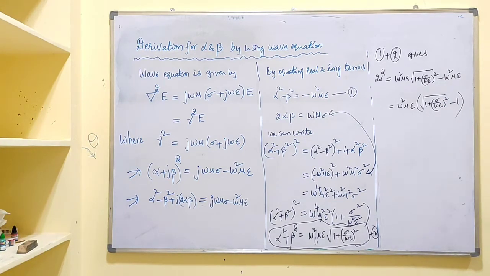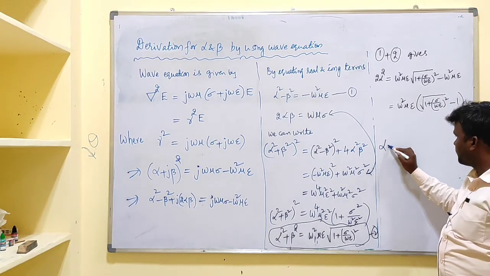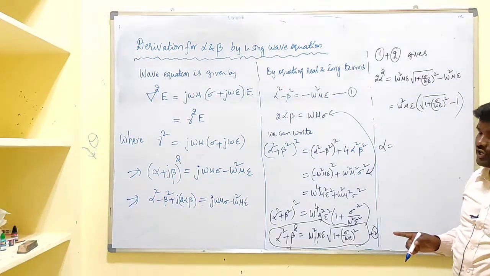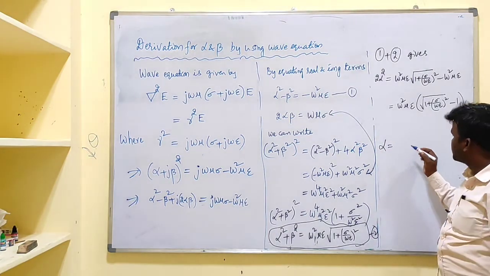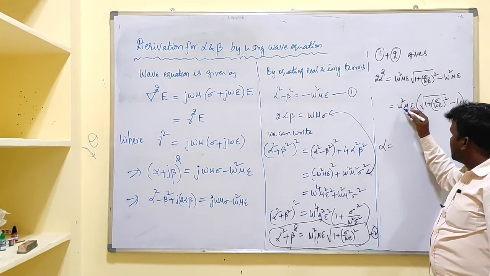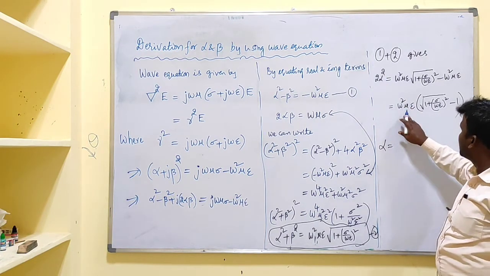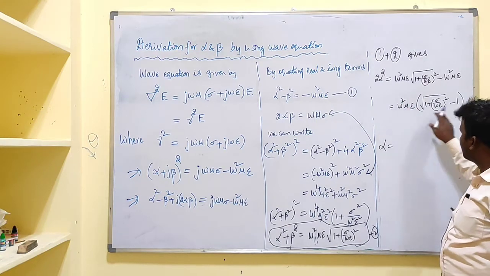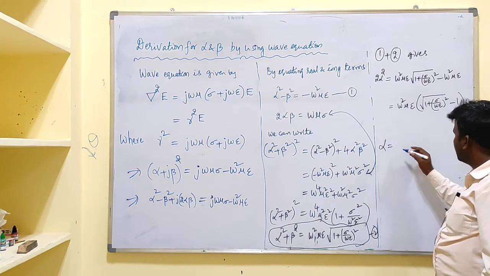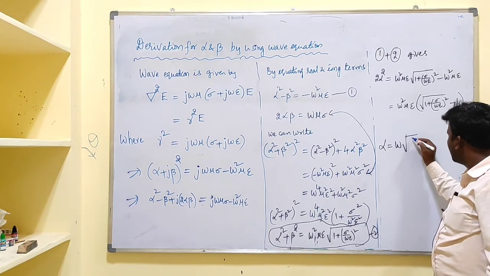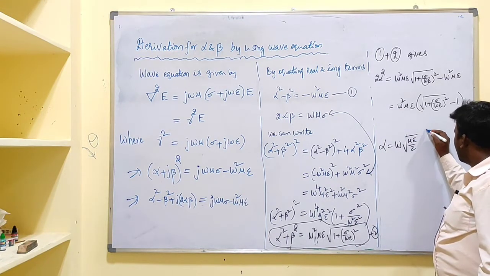Next we will go for alpha. From this I can write alpha. Of course it is plus or minus, but it is always positive, because alpha is the attenuation constant, which is positive only. So we take the root of this one, that is 1 by 2. Alpha square is 1 by 2 of this part. Alpha means the root of that thing, that is omega, root of omega square, and root of mu epsilon by 2 under root.